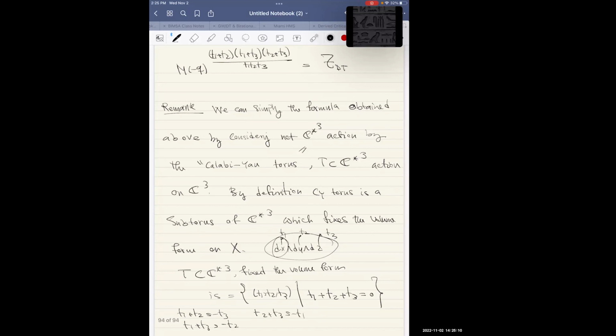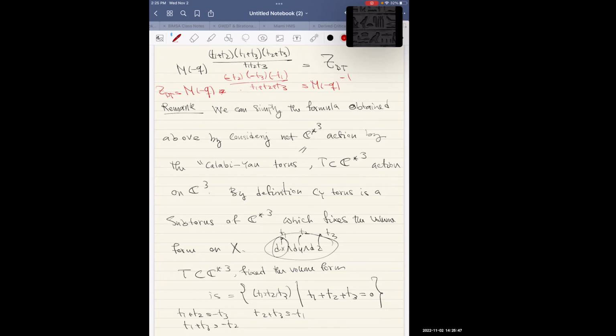If you apply this in here, you will see that the partition function under the action of the Calabi-Yau torus becomes the McMahon function to the power of minus T2 minus T3, minus T3 minus T1, divided by T1 plus T2 plus T3. And then it becomes minus 1.